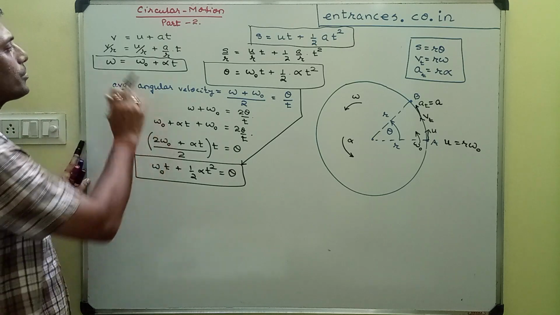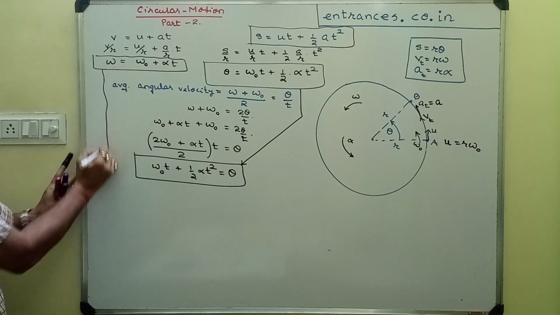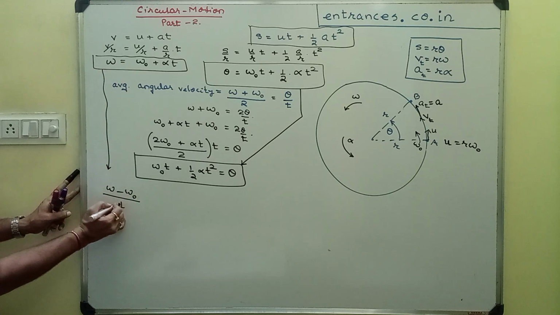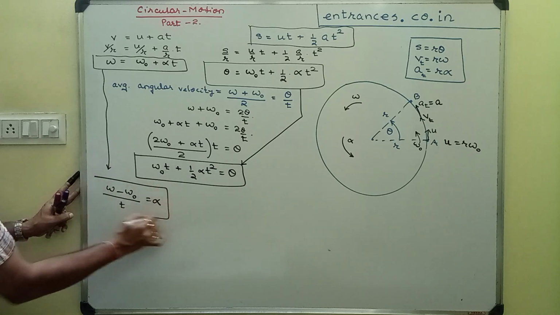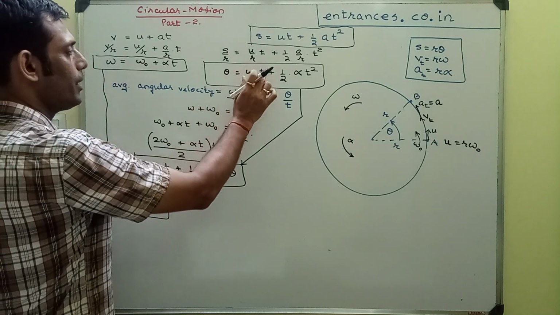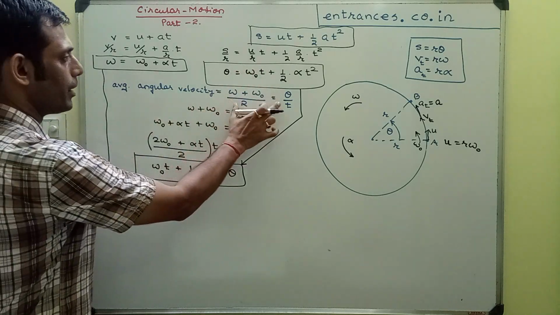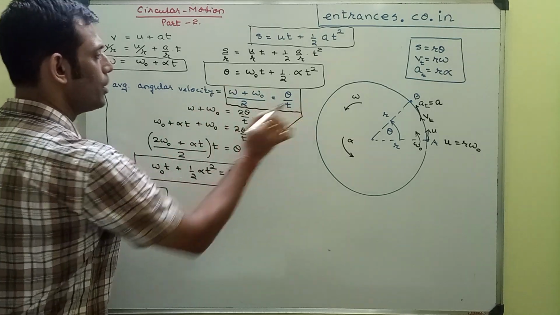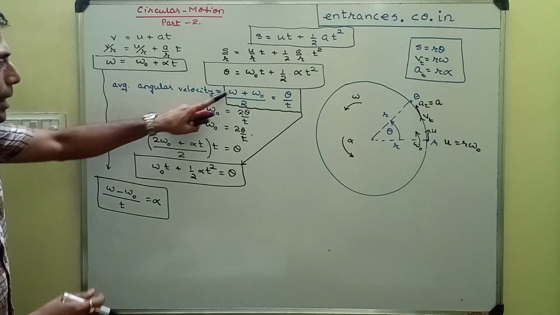We have only two equations. Now let's say this equation we can rewrite in one more way as omega minus omega naught by t is equal to alpha. Let's take this equation, which is the equation of interest right now, and multiply these two.